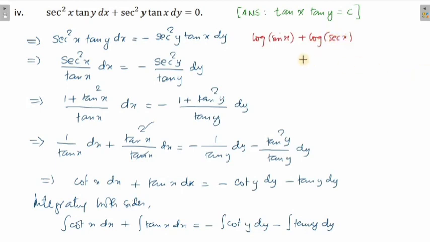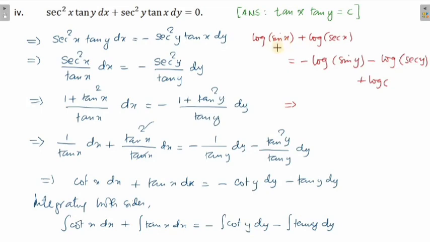Is equal to, we have minus log sin y, as integral cot y becomes log sin y, minus we have log sec y, isn't it? Log sec y, and you can write the constant of integration to be log c, and that's okay, right? So this can be written as, how much is this?